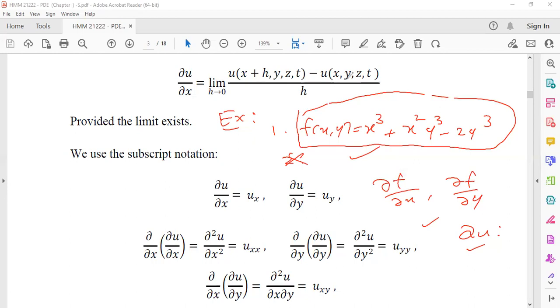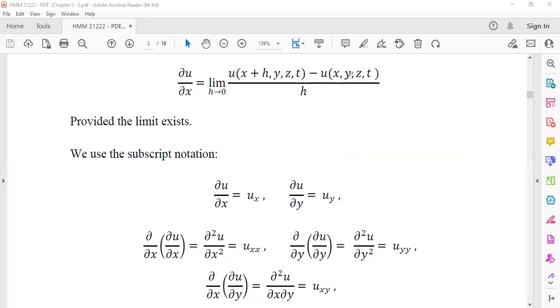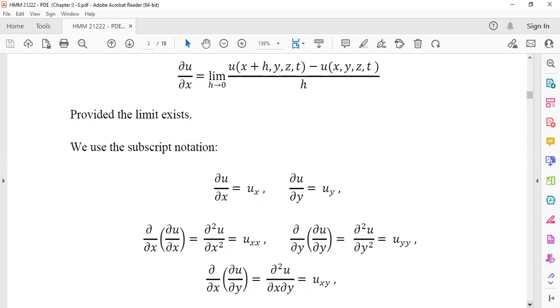So let me continue the notes. We know how to use the subscript notation to denote partial derivatives.